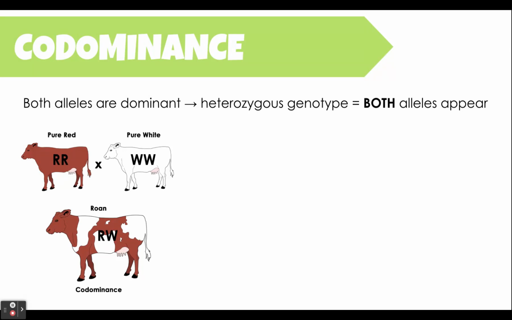So we want to use uppercase letters, but we can't use R because we need to indicate we have a different trait or a different allele. When you have the heterozygous genotype, big R, big W, you are going to see both white and red spots showing up. So you see a different color pattern.